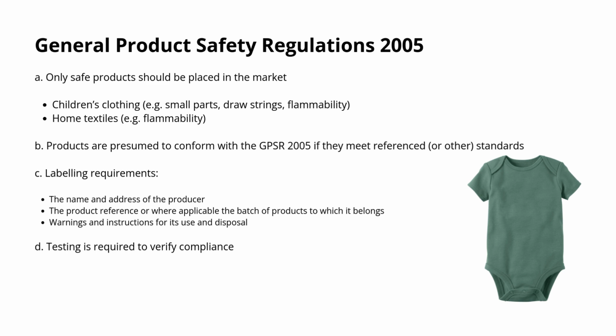Now, other than that, you also have labeling requirements. Your company name and address, product name, batch number, warnings and instructions when necessary. Now, keep in mind that warnings and instructions are only, let's say, a complement. They do not serve as a substitute or replacement for actually selling a compliant and safe product. And finally, testing is necessary.